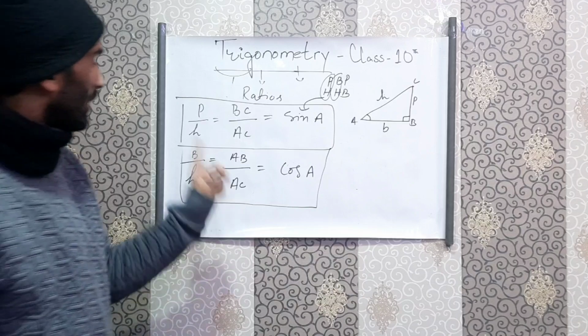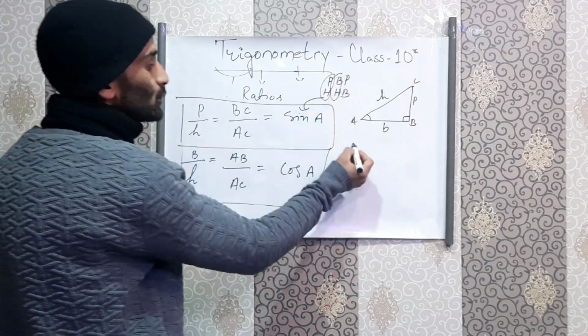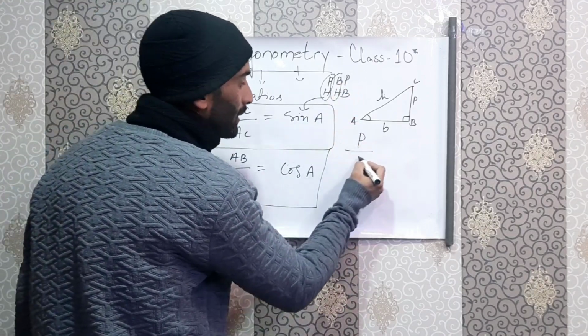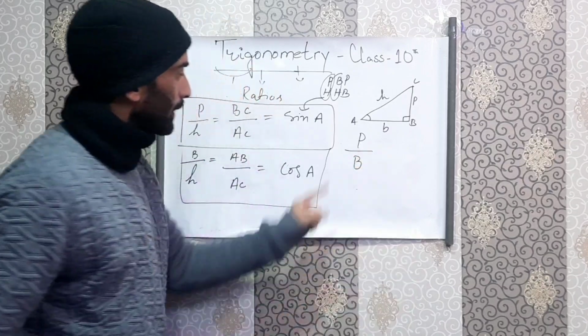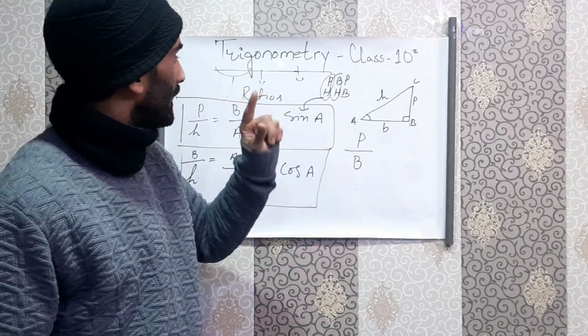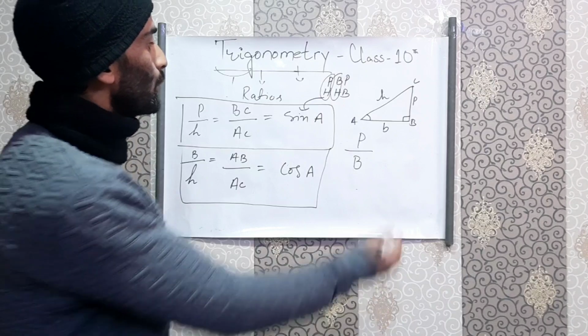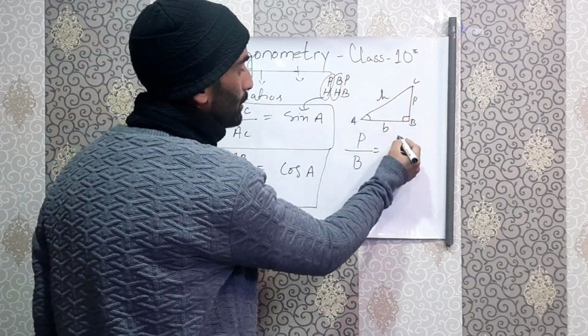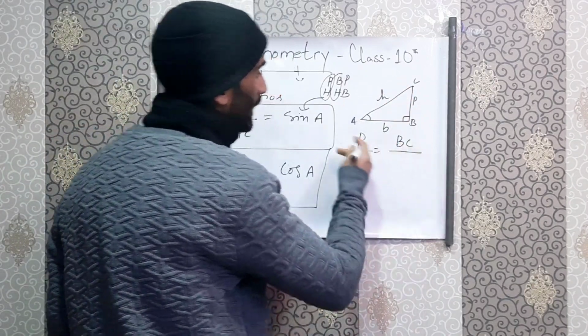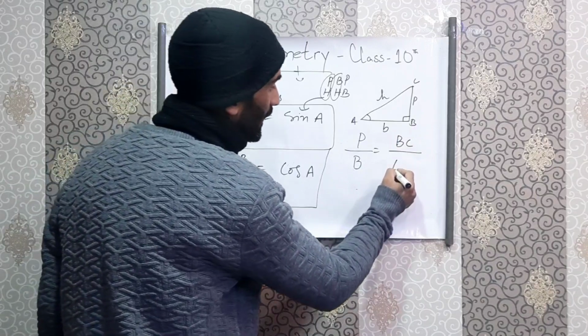Now the third ratio. The third ratio is perpendicular by base. What's our perpendicular here? That is BC, and the base is AB.